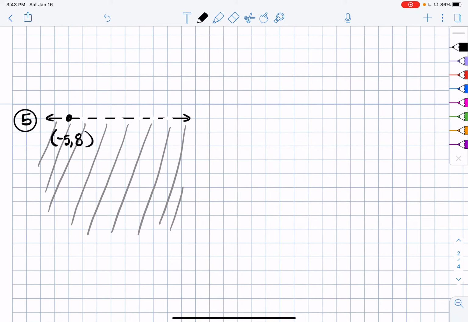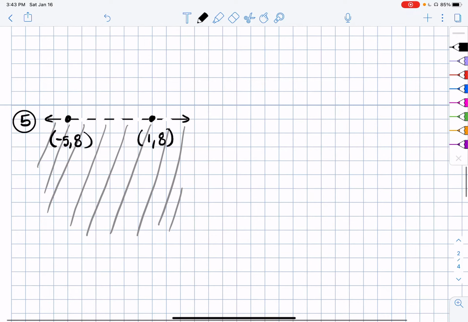And this point right here is 1, 8. So notice that traveling from -5, 8 to 1, 8, I didn't go up or down, so my y value wouldn't change. I just went right, so my x value changed. So this way I know that the equation of this line is, I'm sorry, y equals 8. The y stayed consistent as 8, okay?